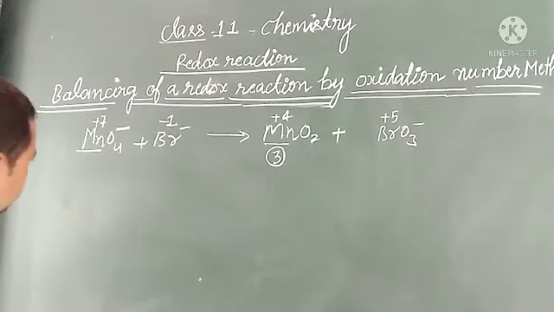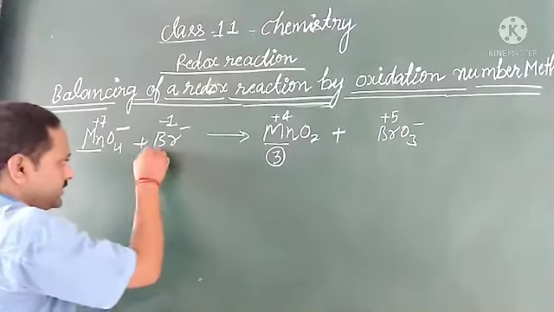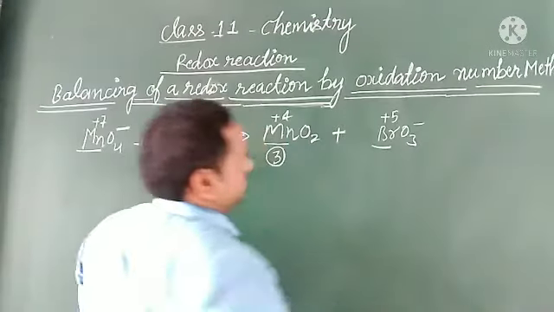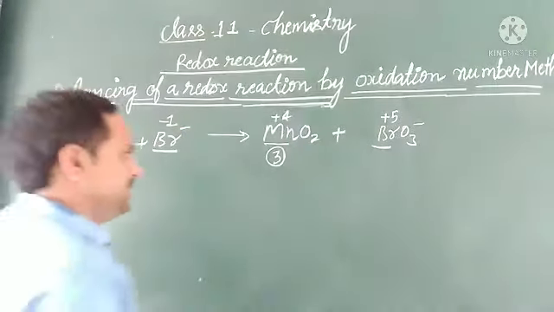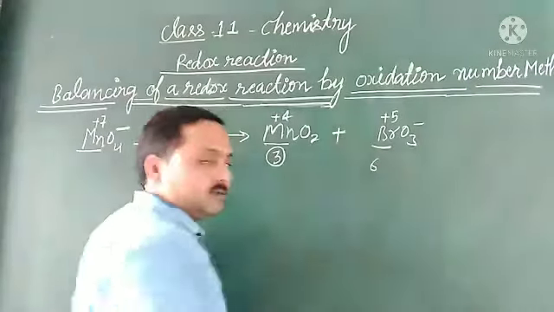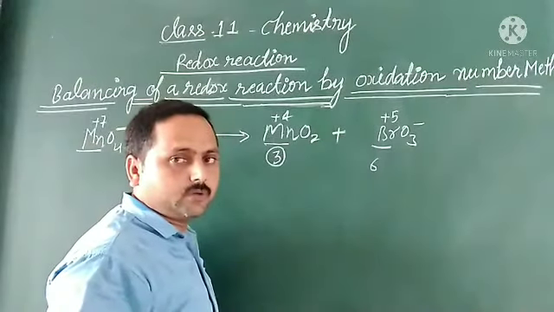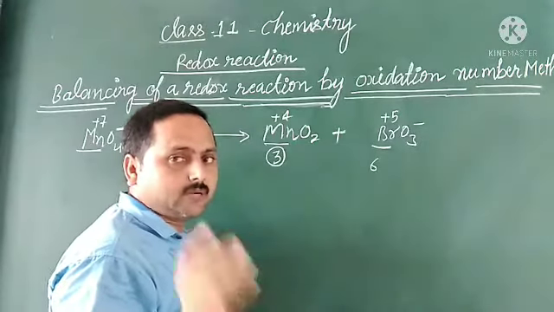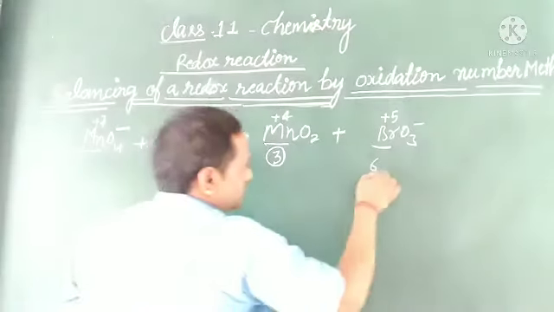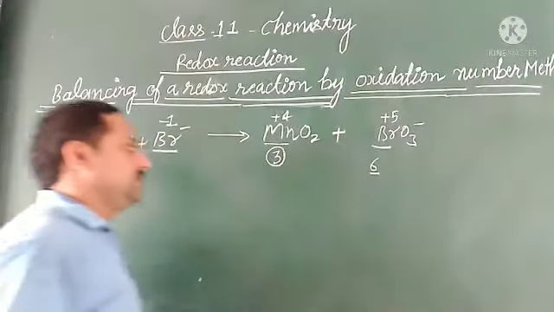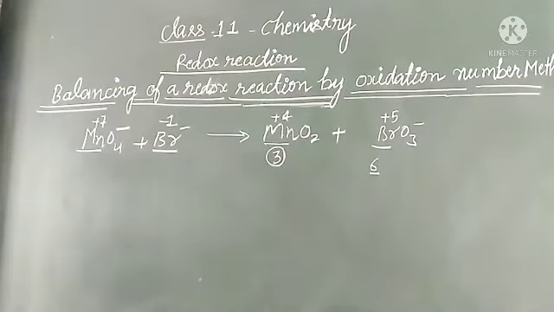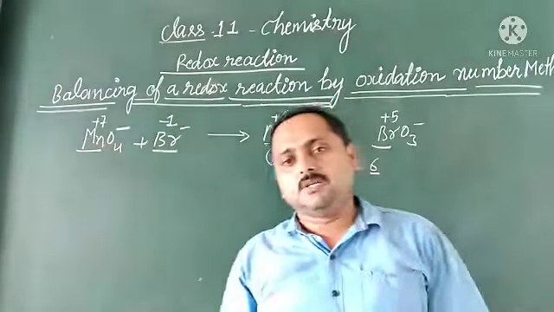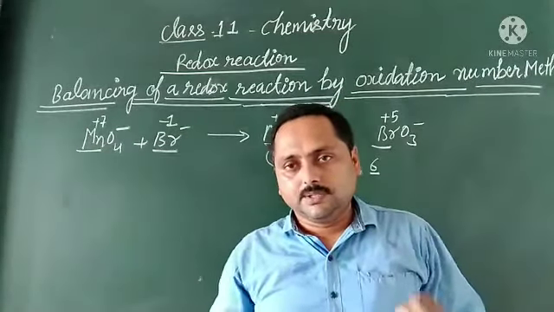And here the oxidation state is minus 1 to plus 5, so how much is changing? 6 is changing, because minus 1 to 0, and then up to 5, makes 6.